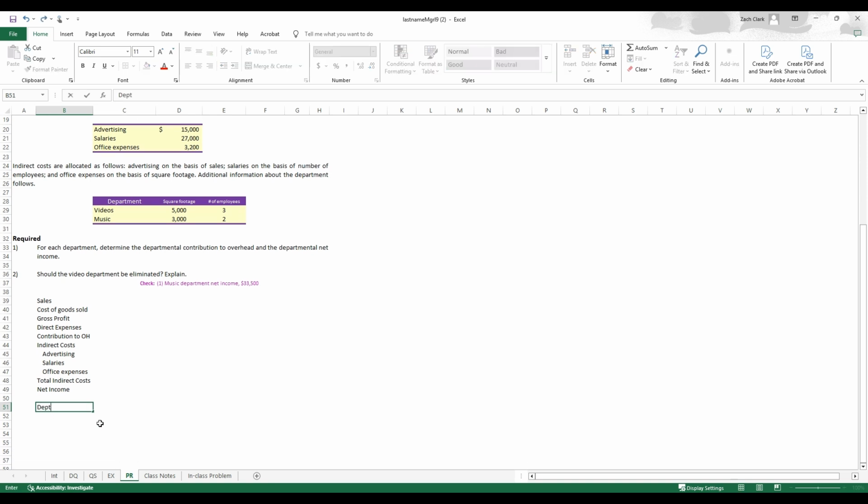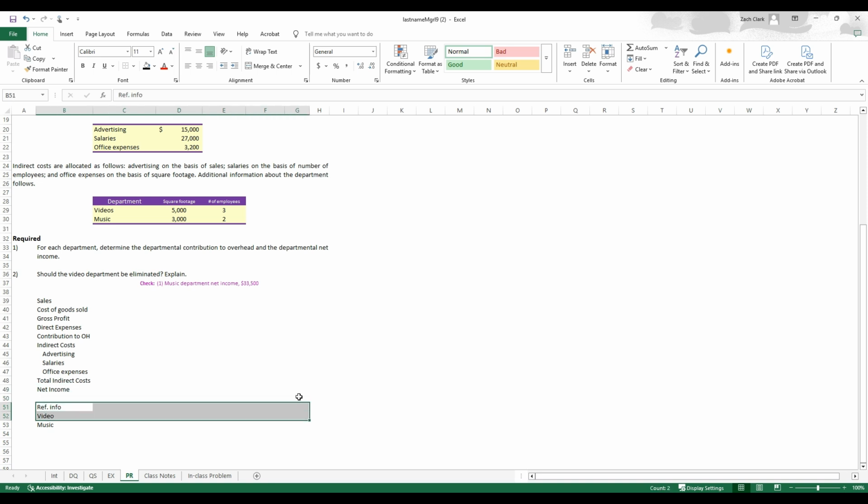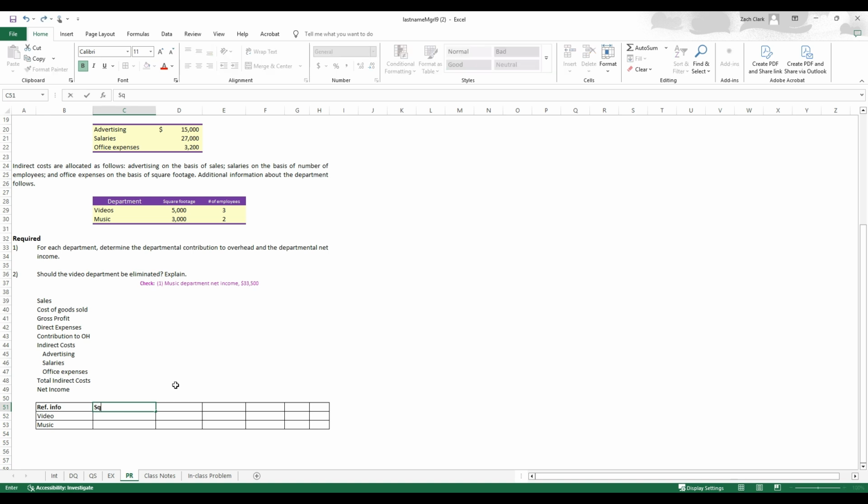But let's also create now down below, let's say reference info, and let's have video and music department. This is just going to help us if we create a little breakdown of the allocation factors. It's a lot easier to see it if you have it all in one place. So square footage was one of the factors.